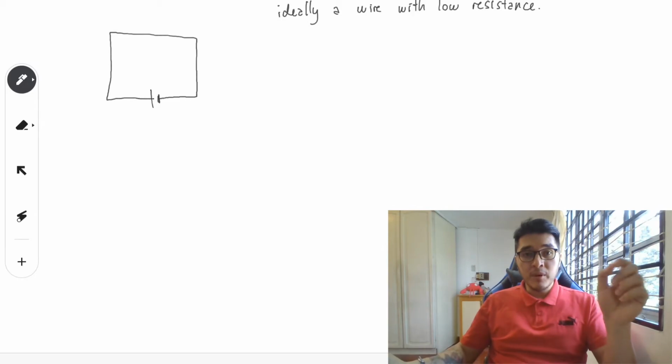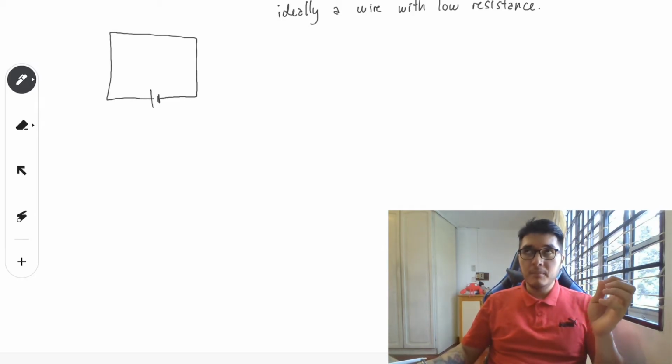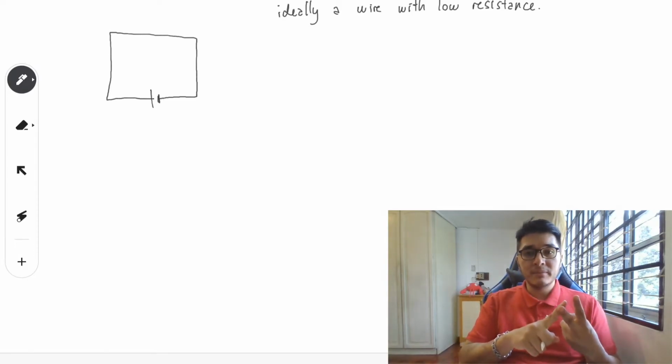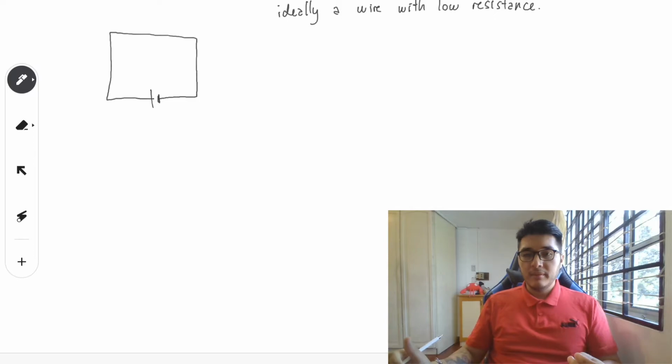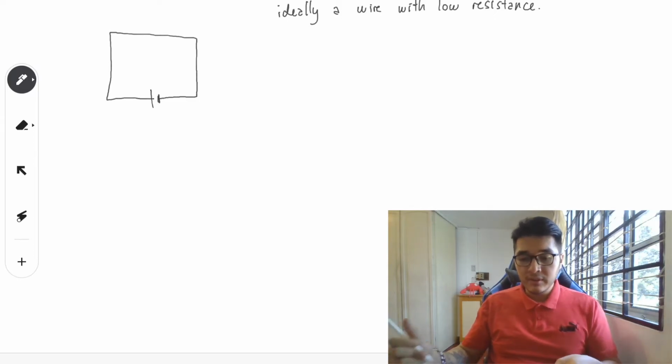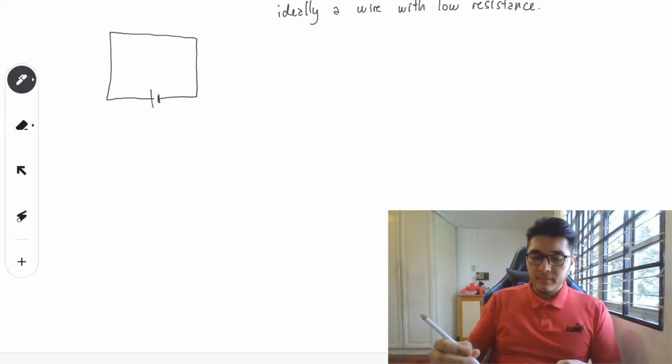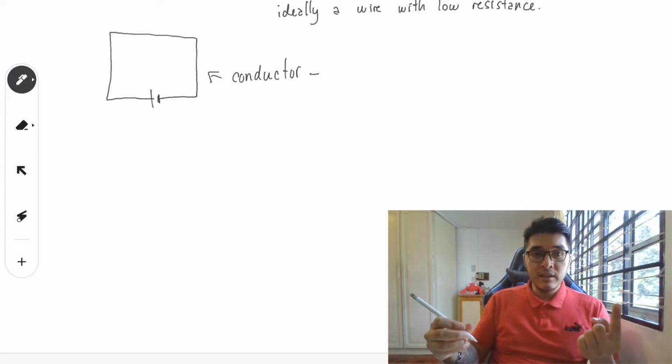So what property of material is that called? Think about plastics versus metals. Conductivity. Conductivity, right? So you need a conductor. So what's the property of conductors? They have loosely held electrons.